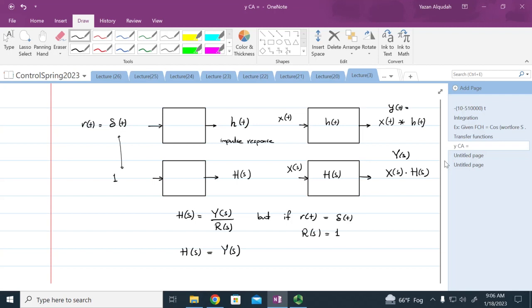So if I analyze a system in the time domain, I'm going to use h of t. To calculate the output, I'm going to do the convolution. If I analyze it in the frequency domain, I take the Laplace of h of t, which gives me h of s. To calculate the output, I multiply the input with h of s. Convolution in the time domain is multiplication in the frequency domain. Is that clear, everybody?